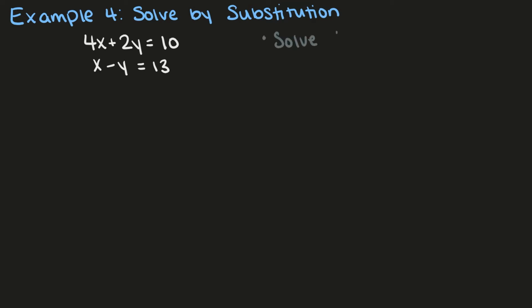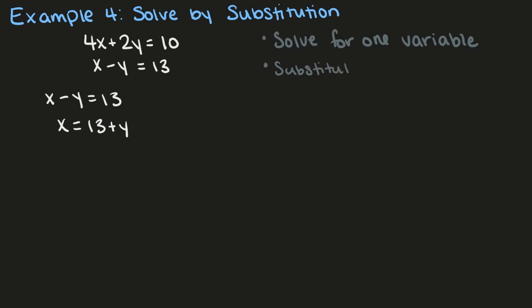Again, we want to solve for one of our variables, and we want to pick the equation where this is going to be easier. So let's use our second equation, x minus y equals 13. This means x is equal to 13 plus y. Now let's substitute this value for x in our first equation.